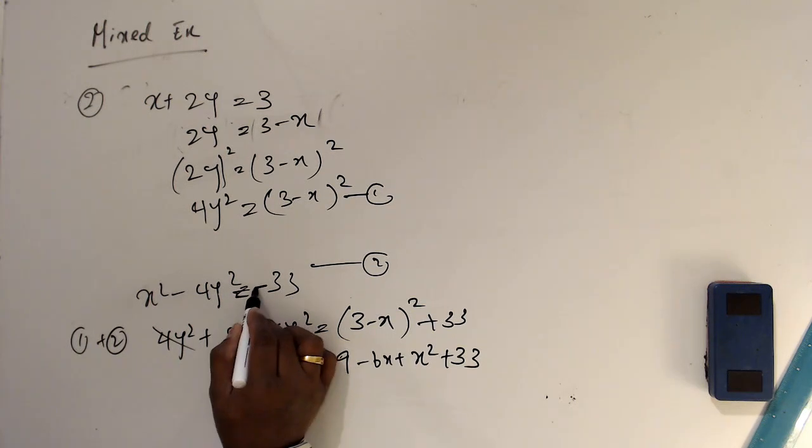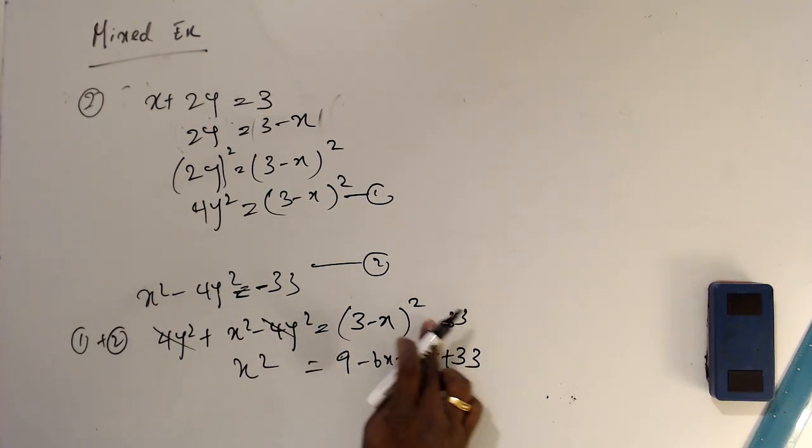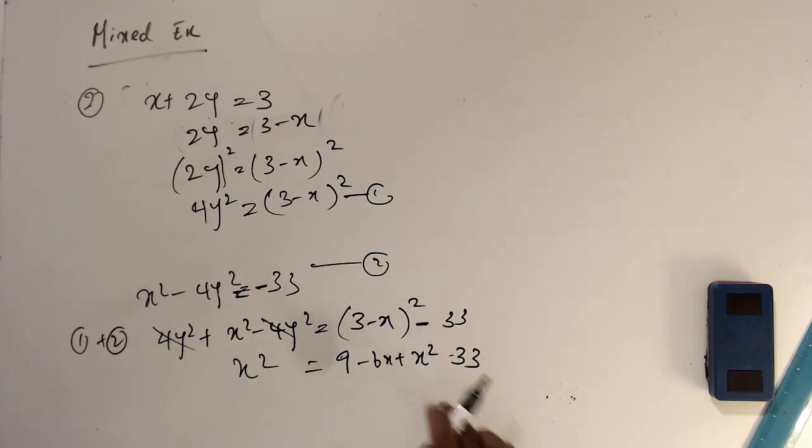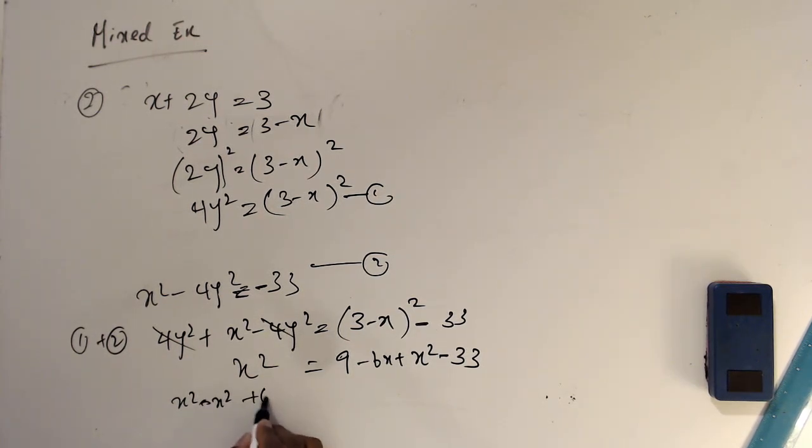Because of the signs, when we add those two, this has become minus. Now we cancel out. I will bring everything here: x squared minus x squared plus 6x equals 9 minus 33.